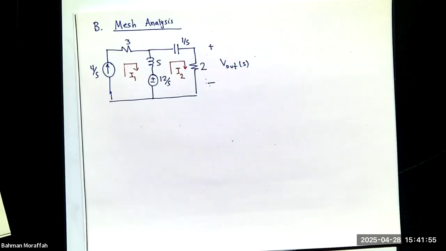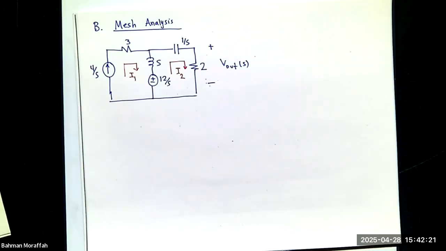You remember when we were doing mesh analysis, current sources were either super easy or problematic. When are they easy? When they're in one loop. Right? When are they problematic? When it's shared between two loops.